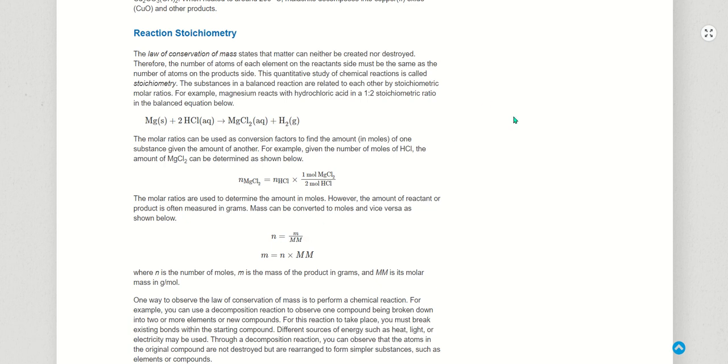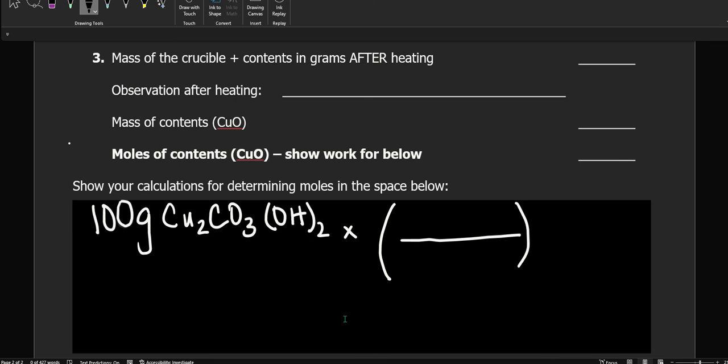So essentially that's what I'm doing here once I calculate this out. It's your mass, and you can say this is over 1, for example, just to be consistent. And what we're going to do is divide it by the molar mass. So how do I get the molar mass of malachite?